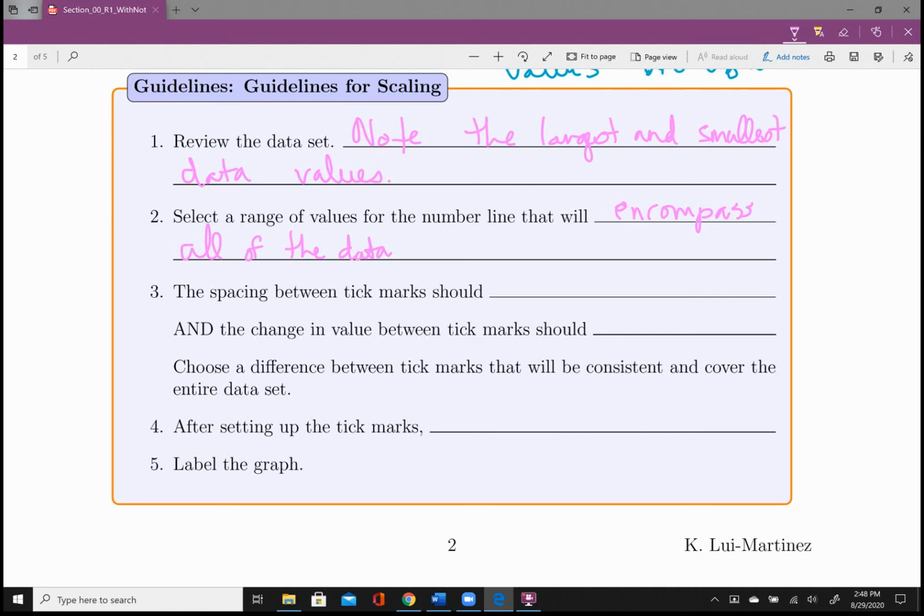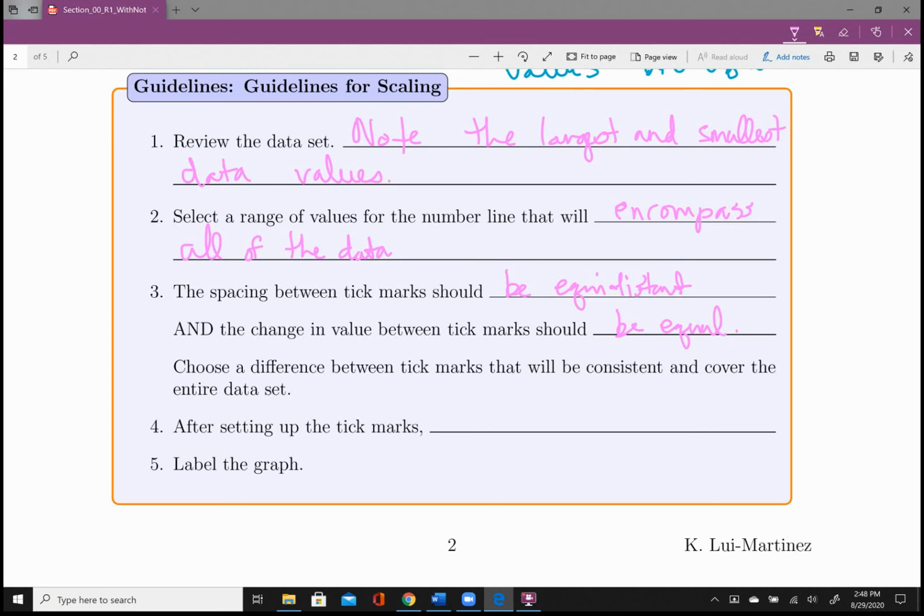Alright, so number 3, it says the spacing between tick marks should be equidistant, which is just a fancy way of saying equally spaced out. The space between the tick marks should be equal, and the change in value between tick marks should be equal. Choose a difference between tick marks that will be consistent to cover the entire data set.